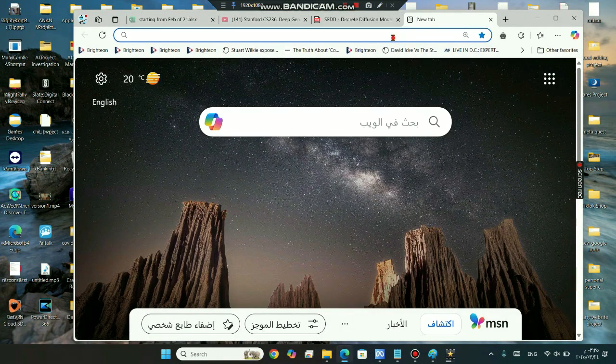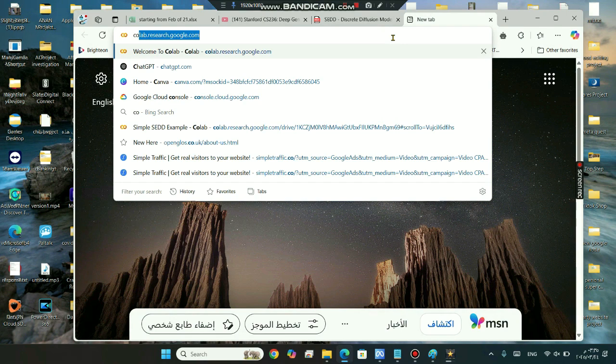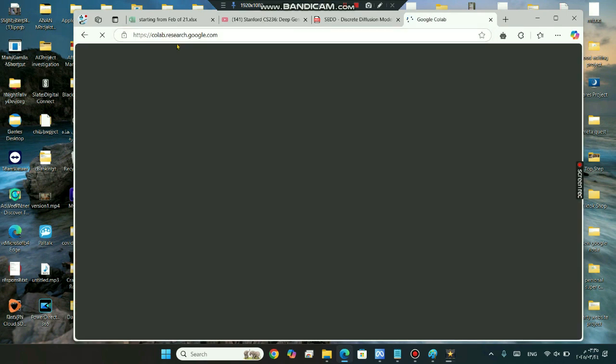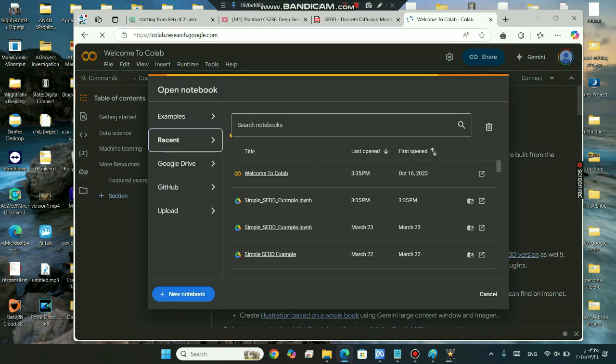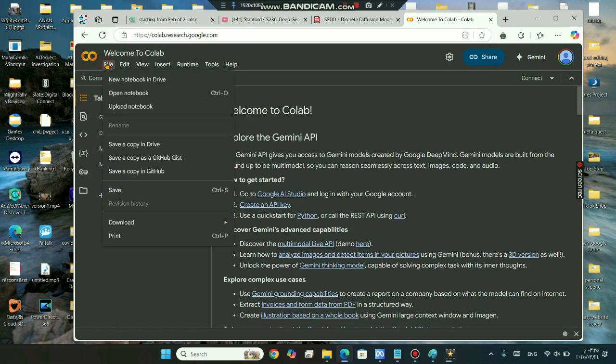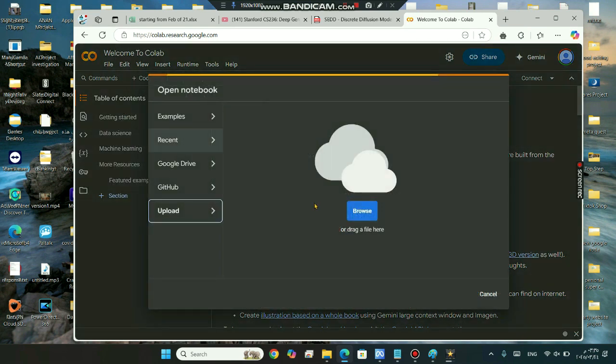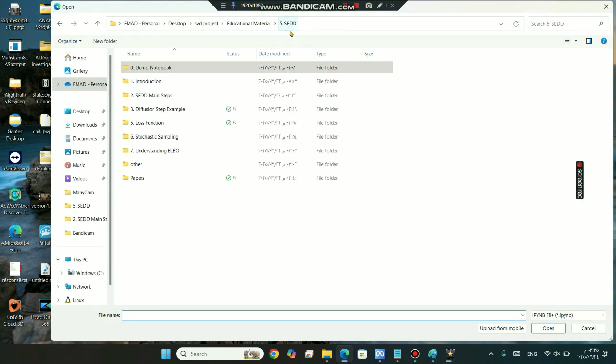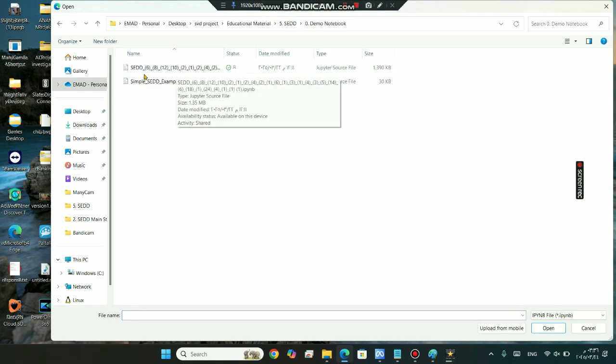All right. Now I want to go for the demo code. So I'll go to colab.research.google.com and I will go to File and upload the notebook provided. It is in the demo notebook folder.